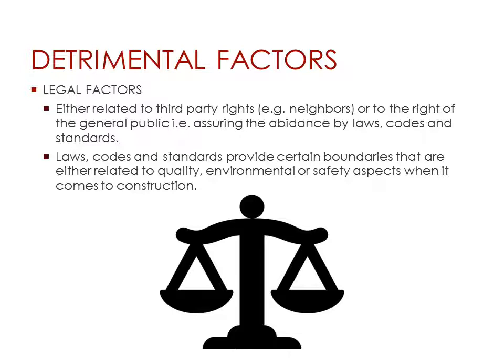For example, caissons. You could not use a pneumatic caisson according to American laws if it is deeper than 35 meters, unless you use robots to put them down, because of the caisson disease issue. So in some cases, because of the legal factors, a certain method will be totally excluded.